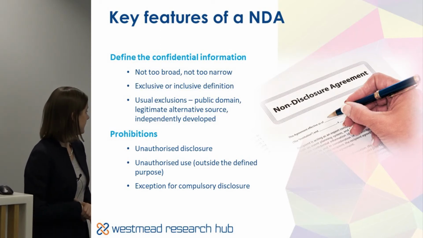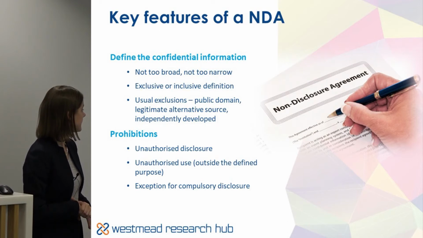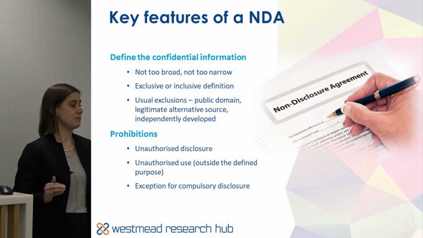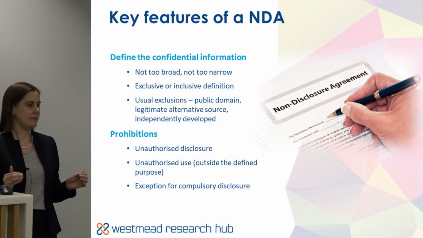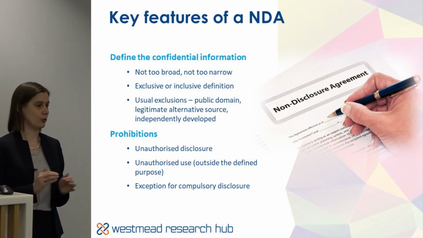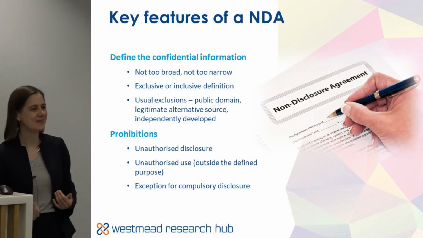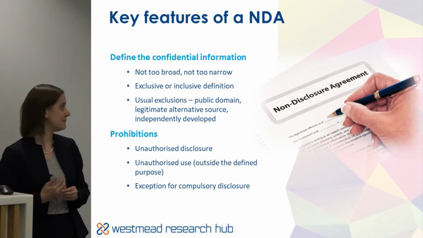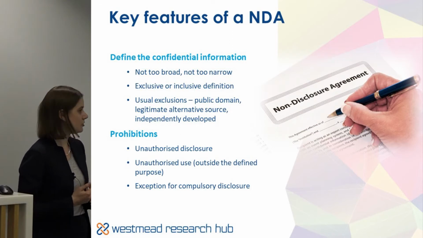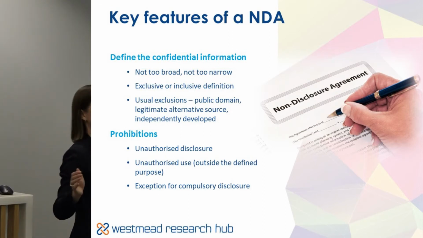Key things in non-disclosure agreements is working out what's actually protected by that agreement, and whether that's broad or narrow will depend on whether you're the one disclosing the information or receiving it, or whether it's going to be 50-50. Do you want to cast the net extremely broad?